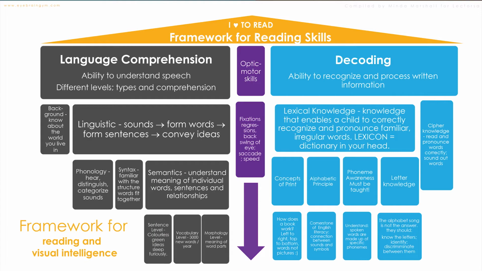So the framework for reading skills, and we propose a 3rd pillar there that is very important when we look at visual intelligence training. Because automaticity will play a major role in giving the brain access to resources to work with comprehension.